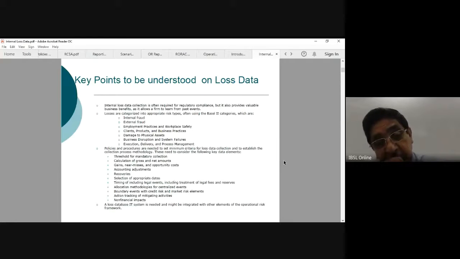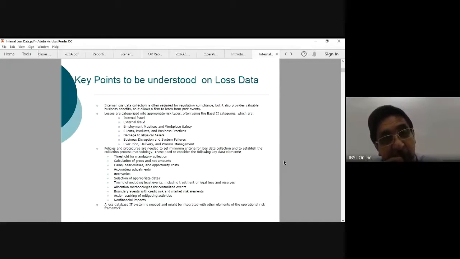Now, the operational risk definition really covered the unsuccessful or failed internal processes. That is one area of operational risk exposures. Failed or unsuccessful internal processes.